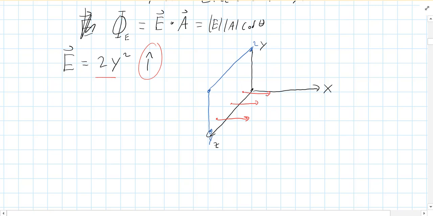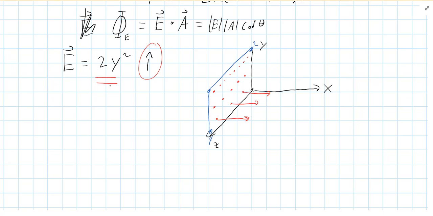But as you go up the rectangle, as y gets bigger, you're going to get a stronger field, which means more field lines poking through that area. Near the top of the rectangle, you're going to have even more field lines poking through. So that's what our electric field lines would look like poking through that area.